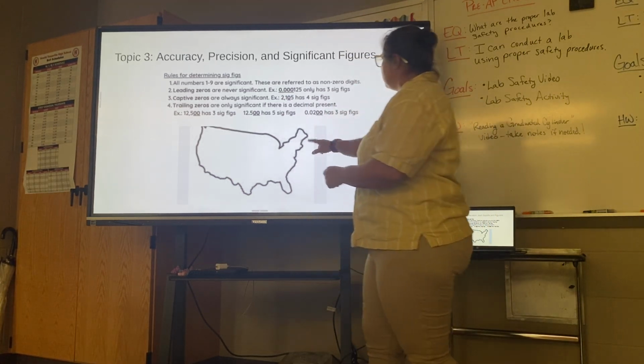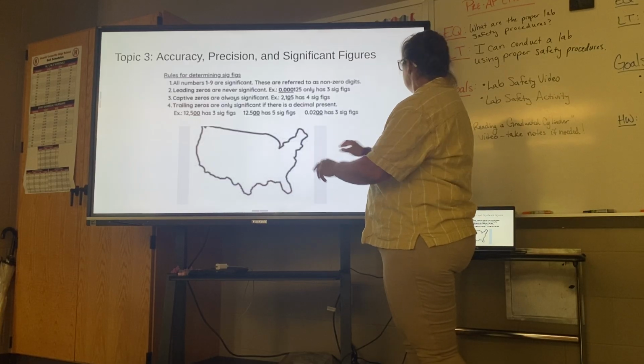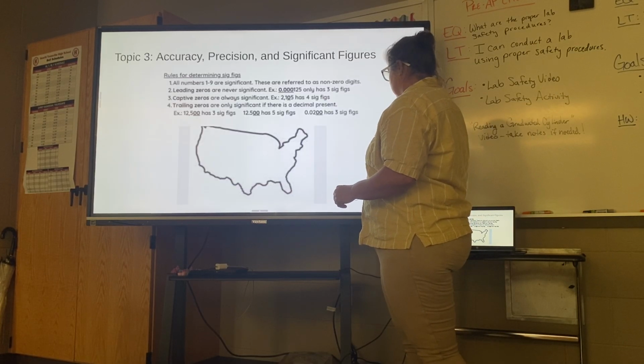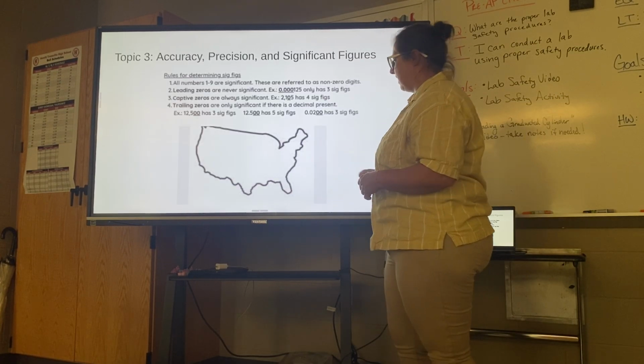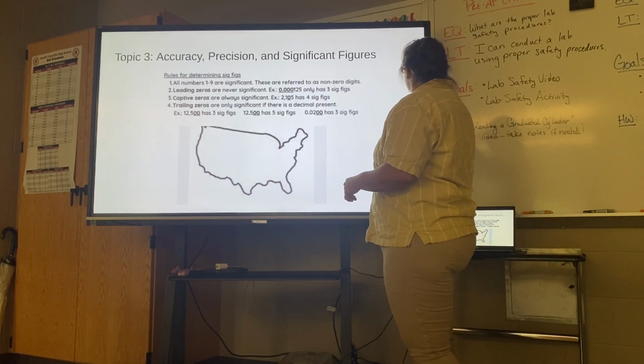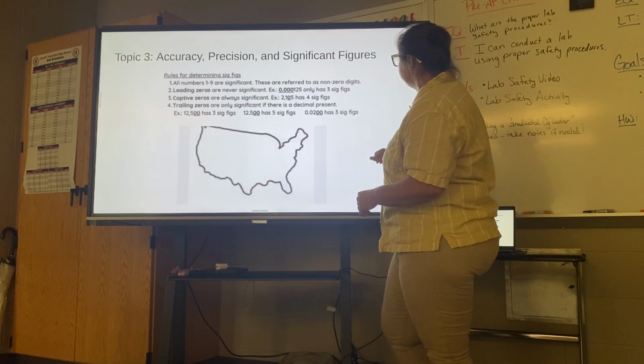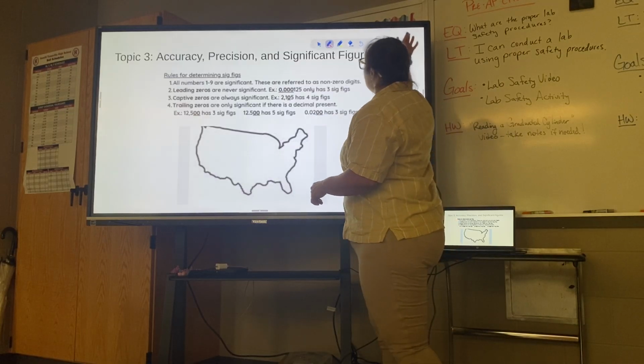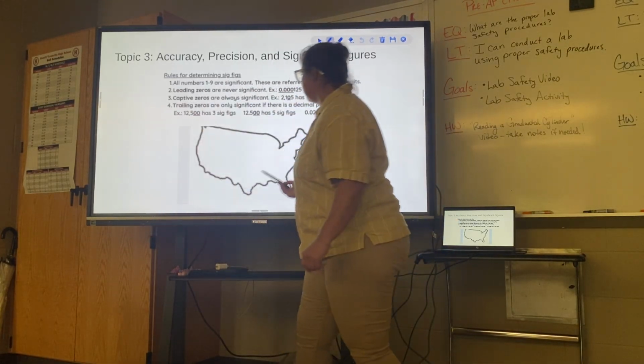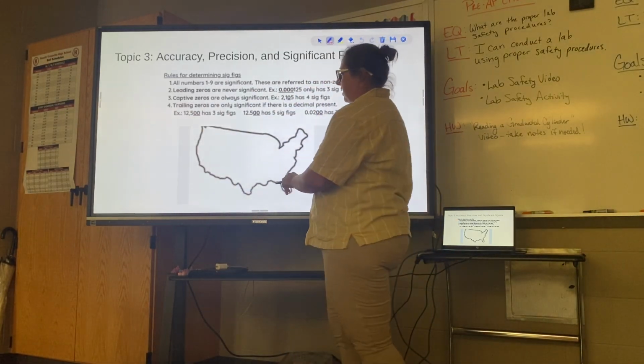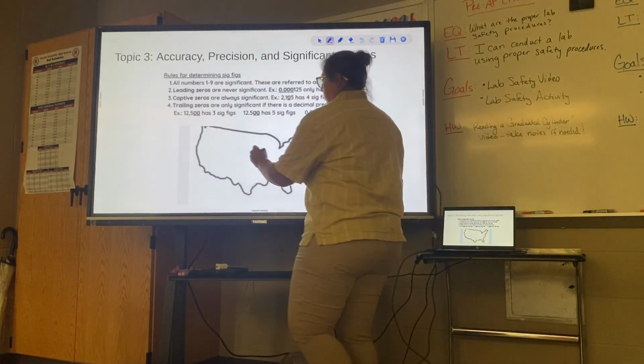We're going to represent the United States here, and this is way better than me actually drawing it out. Just one moment, let me get my drawing tool here. Okay, so the land of the United States is representing non-zero numbers.